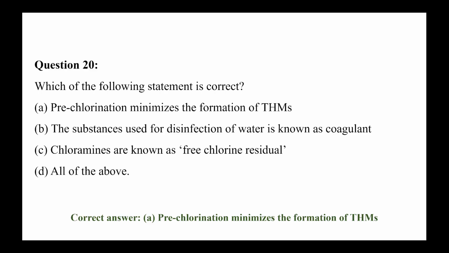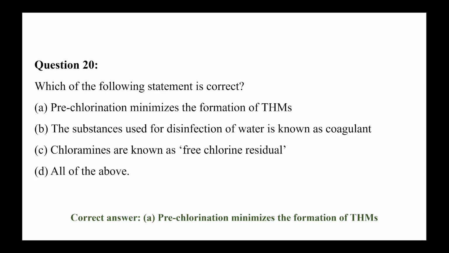Post-chlorination means first the filtration and other water treatment steps are done, and then chlorination is done. So when we do pre-chlorination at the starting stage, it minimizes the formation of THMs, because at the beginning itself we reduce the organic matter that is present in the water.